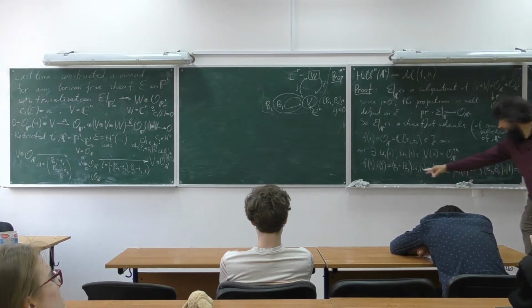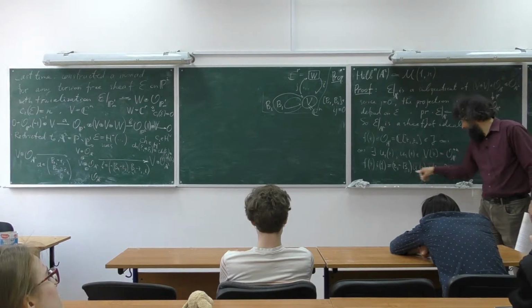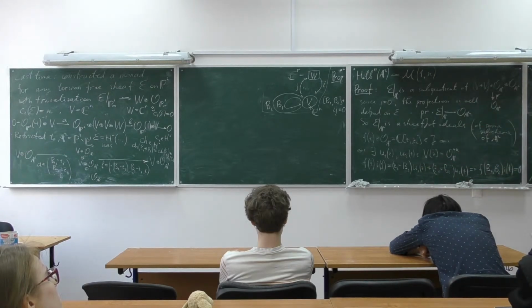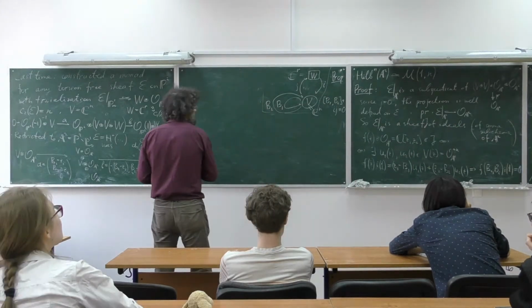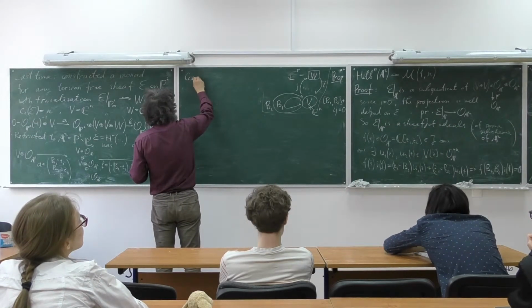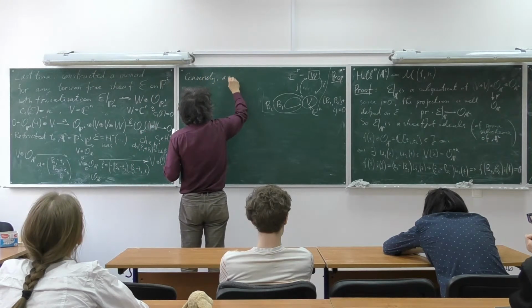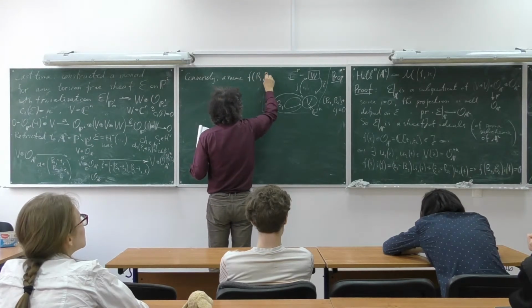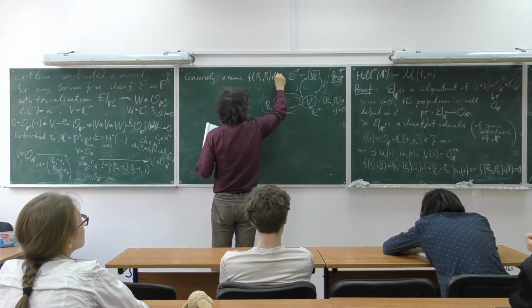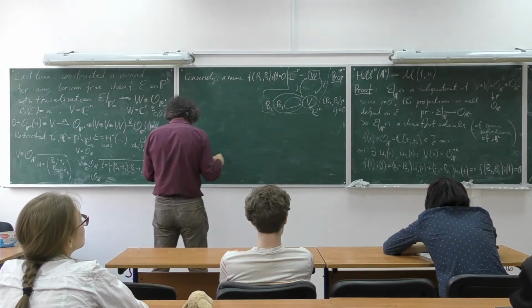Just formally plug it into here, we get 0. Okay, and then conversely, assume f of b1, b2, I of 1 is 0.